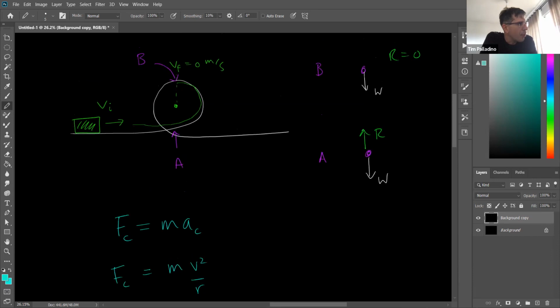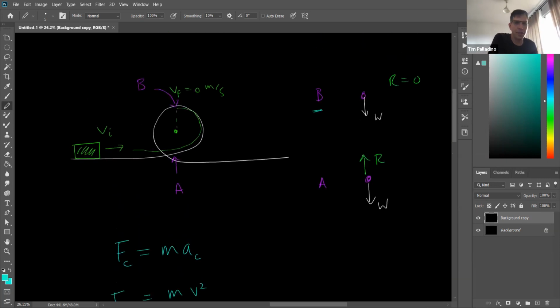If we look at point B, what is the centripetal force? What is the force causing this car to move in a circular motion at this point up here? It doesn't make sense when you first see it. There's only one force acting on the car.